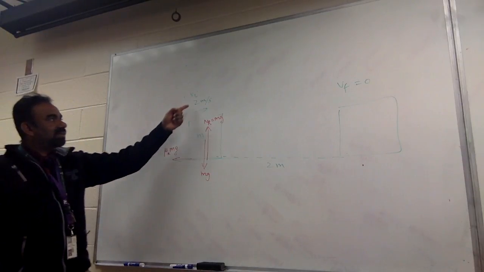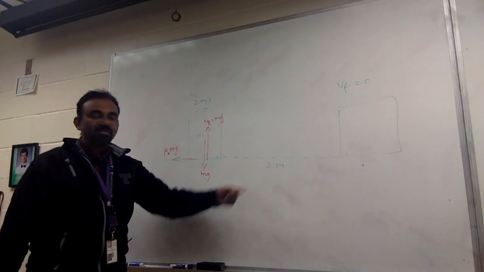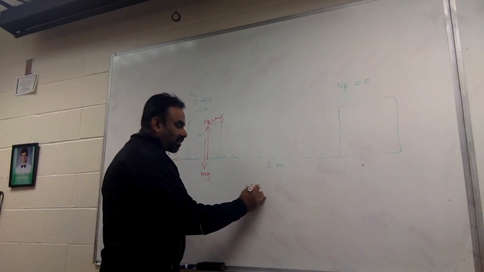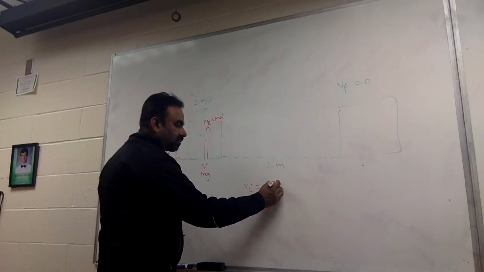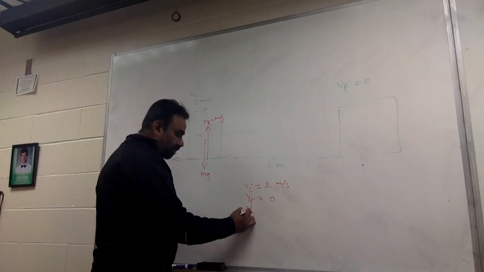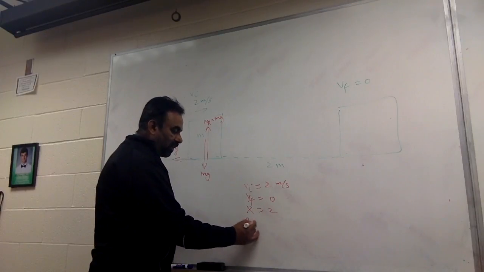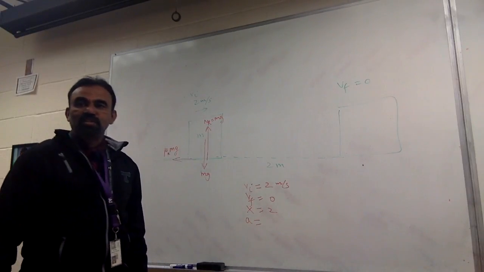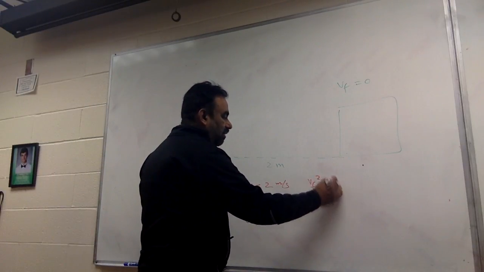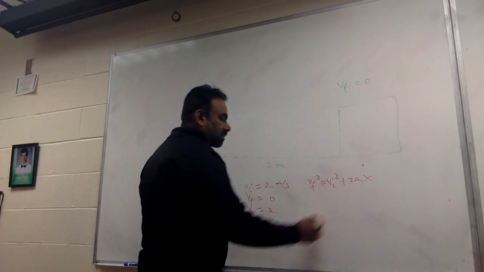Equations of motion. Go ahead. You have initial velocity, you have final velocity, you have displacement. What more? Find A. Can you find A? What's the equation that's going to connect all those? Vf square is equal to Vi square plus 2Ax.